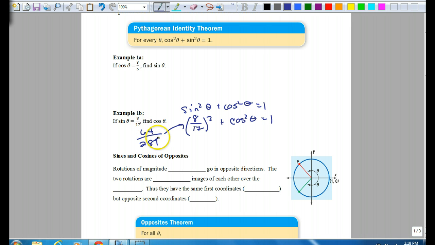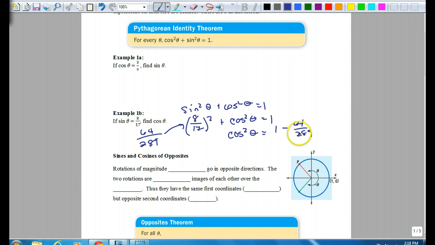289. Okay, so what we're going to do is subtract 64/289 from both sides. When we do that, we have cosine squared theta equals 1 minus 64/289. Well, you don't do a reciprocal here. What you're going to do is find a common denominator.